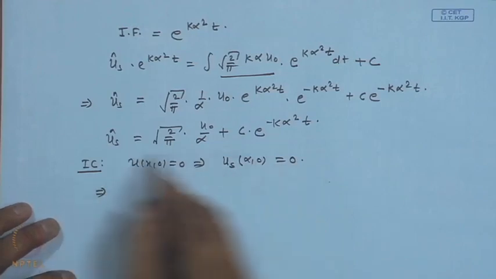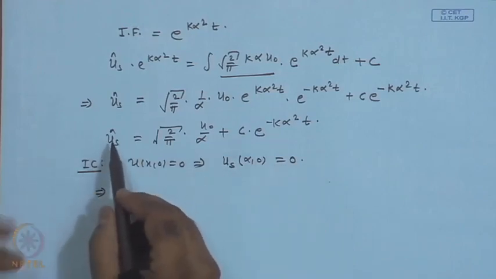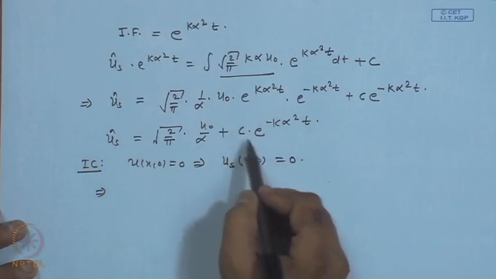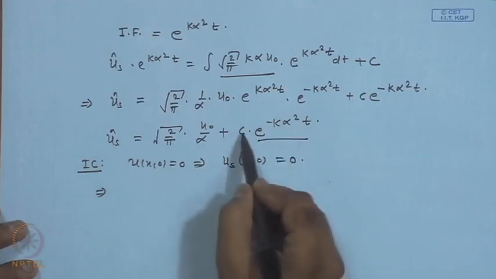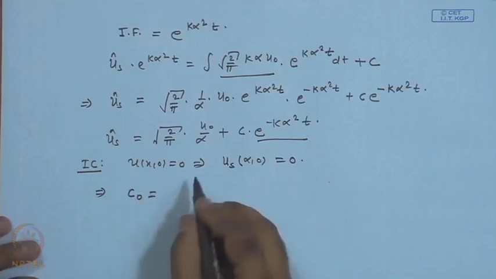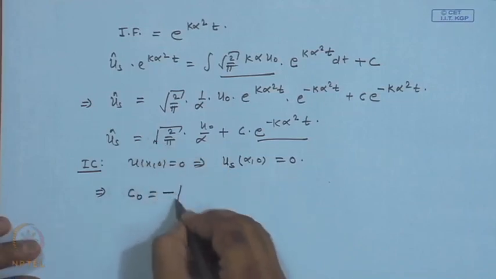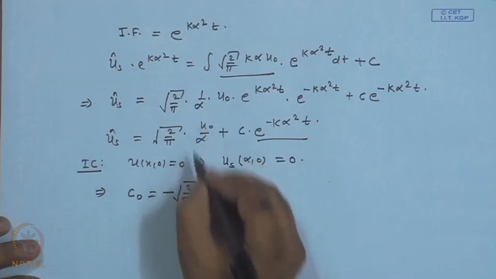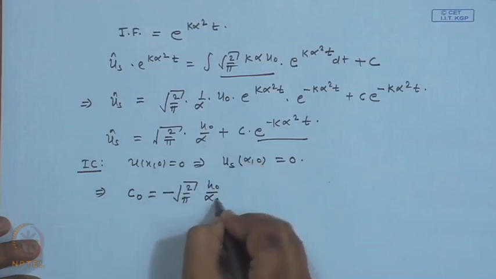So, with this condition, if we set t to 0, this exponential will be 1, and we have c naught. So, this implies that c naught is minus square root 2 over pi, u naught over alpha.